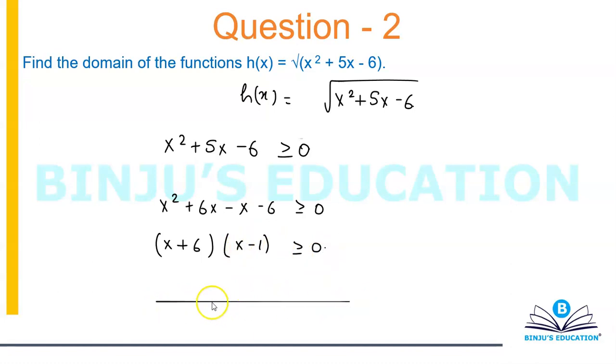You have two critical points, that is negative 6 and positive 1. So the two critical points, negative 6 and positive 1, are dividing our entire number line into three parts. One is greater than 1, one is between negative 6 and 1, and one is less than negative 6.